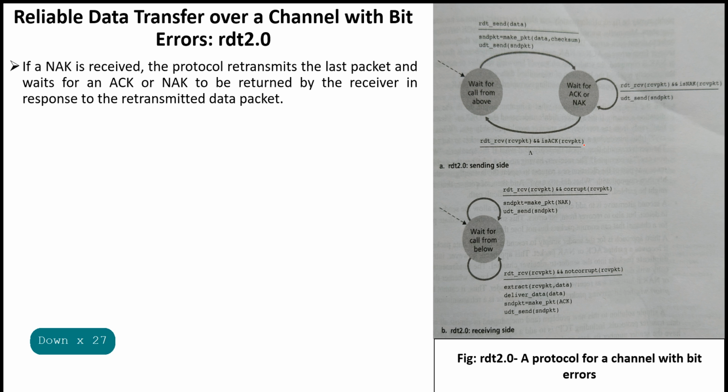If a negative acknowledgement is received, RDT receive and is negative acknowledgement, this event, the protocol retransmits the last packet and waits for an acknowledgement or negative acknowledgement to be returned by the receiver in response to the retransmitted data packet.